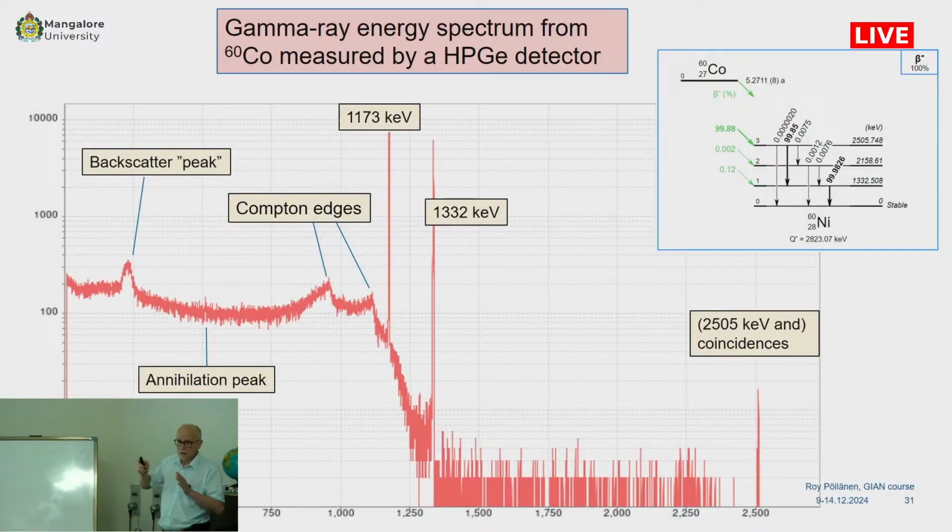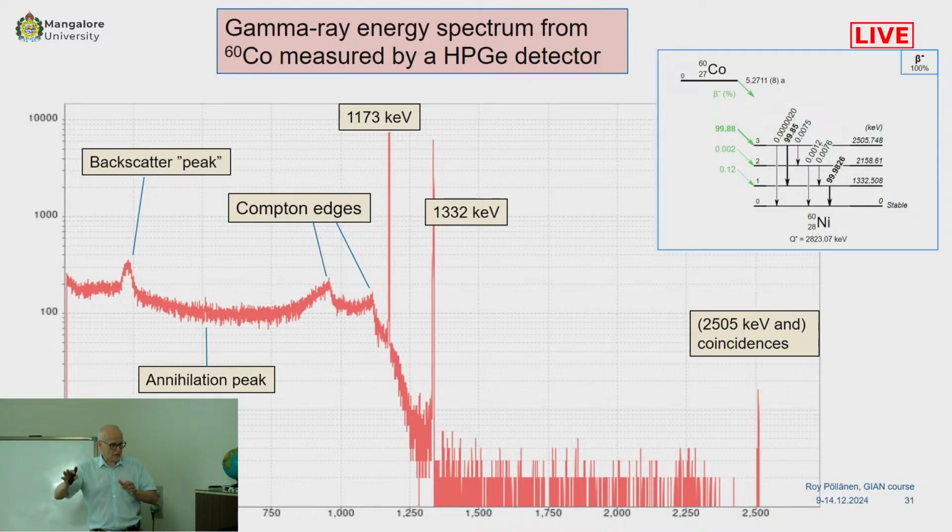Why? You have to understand that the time resolution of a typical multi-channel analyzer is of the order of microseconds. But this happens within nanoseconds or picoseconds or something like that.